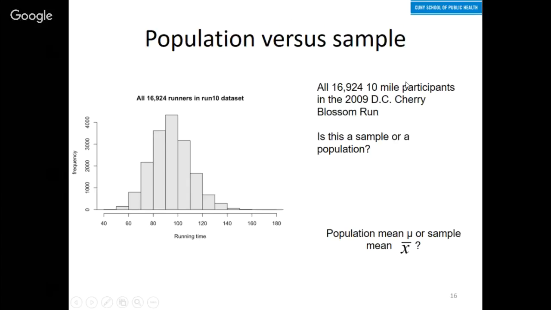But for this particular DC cherry run, we have every completion time. So if we consider this to be our target population, then this is the population. And then the mean that we calculate is mu, and there's no uncertainty in it. If we calculate an exact value, that is what the mean of the population is.